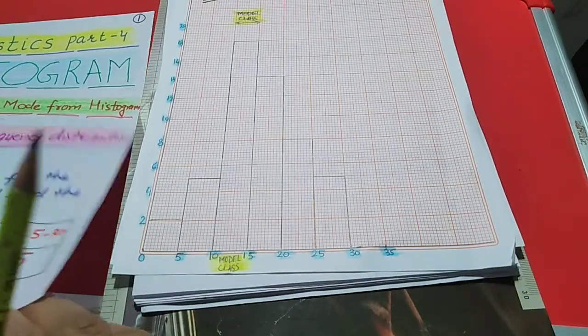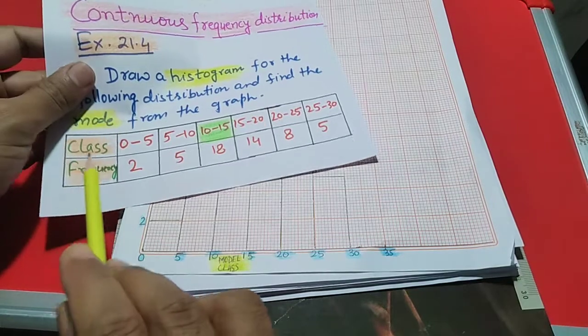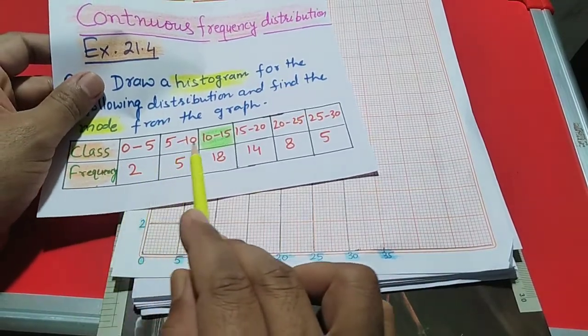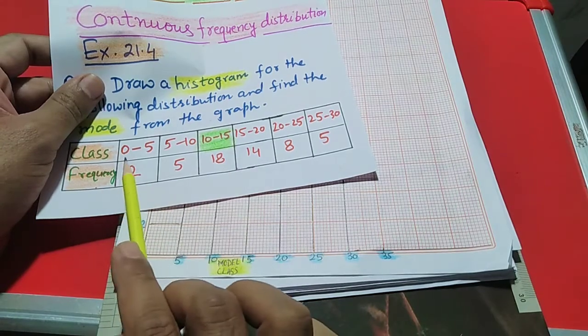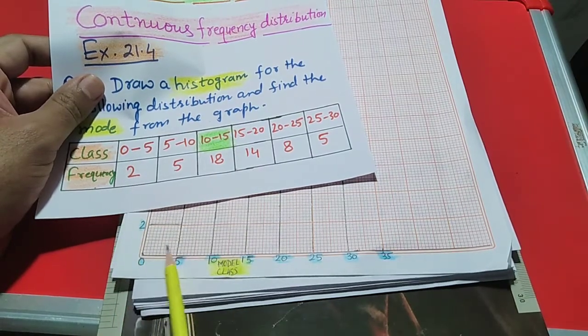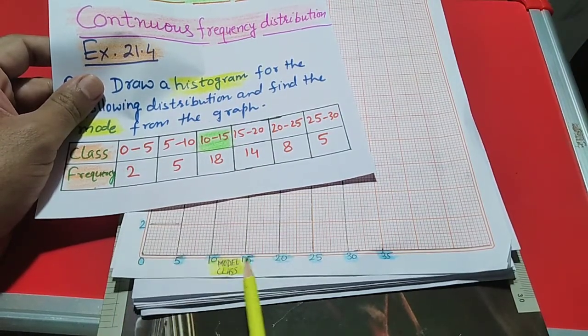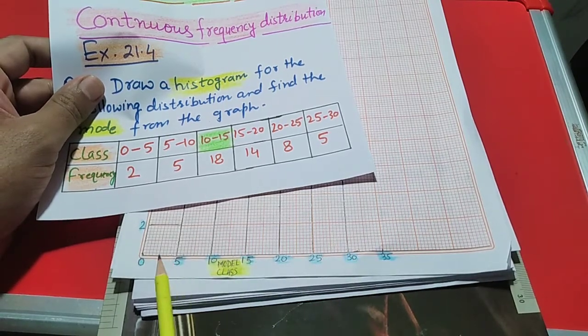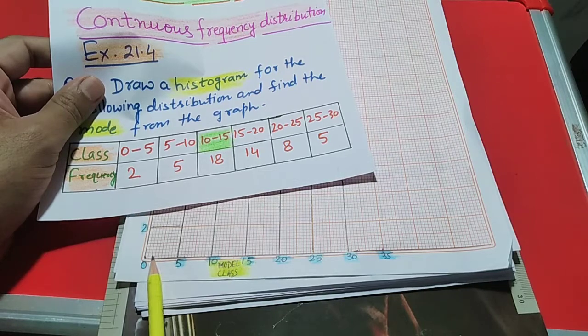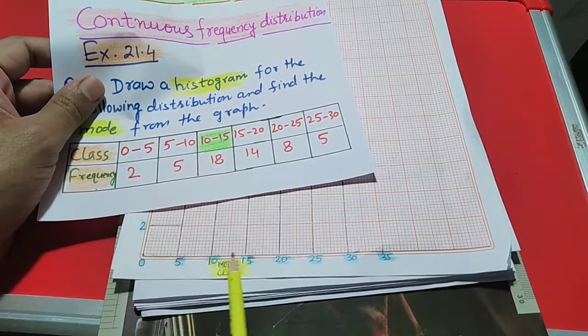First of all, see your classes, because the classes will be taken on the x-axis. Starting from 0, then 5, then 10, 15, 20 and so on. Each width represents a distance of 5: 5 to 10, 10 to 15.